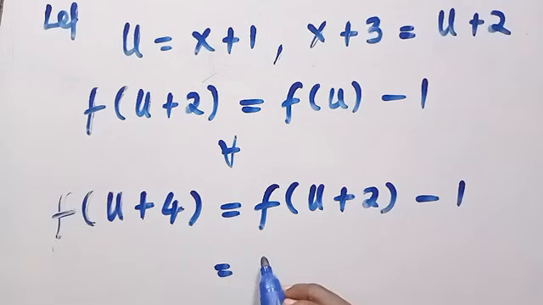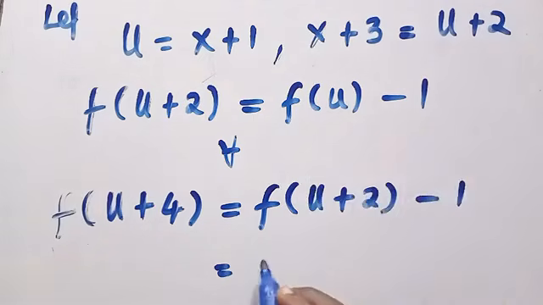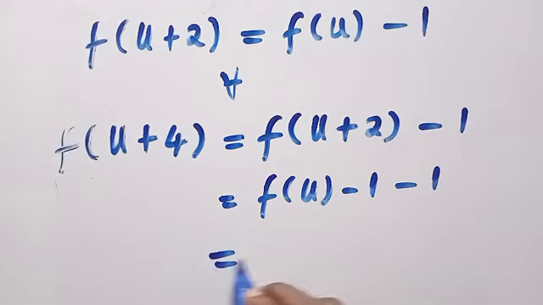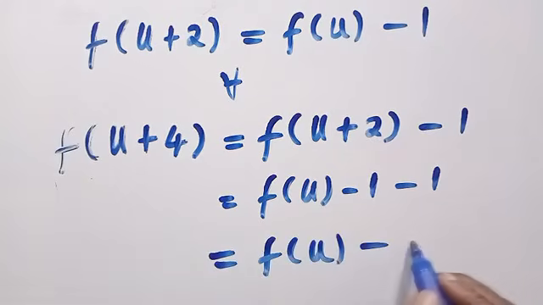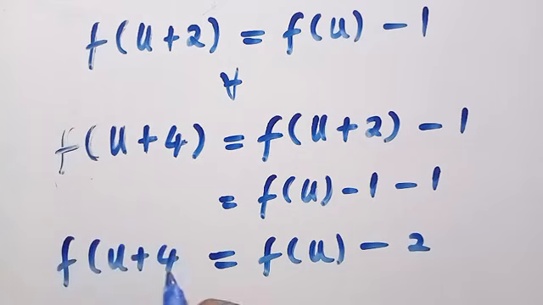Therefore, f of u plus 2 is now f of u minus 1, and we have f of u minus 1 minus 1. That is, we have f of u minus 2. For every f of u plus 4, it gives us f of u minus 2. And the first one, f of u plus 2, gives us f of u minus 1. But we cannot conclude yet. So let's test for another one.